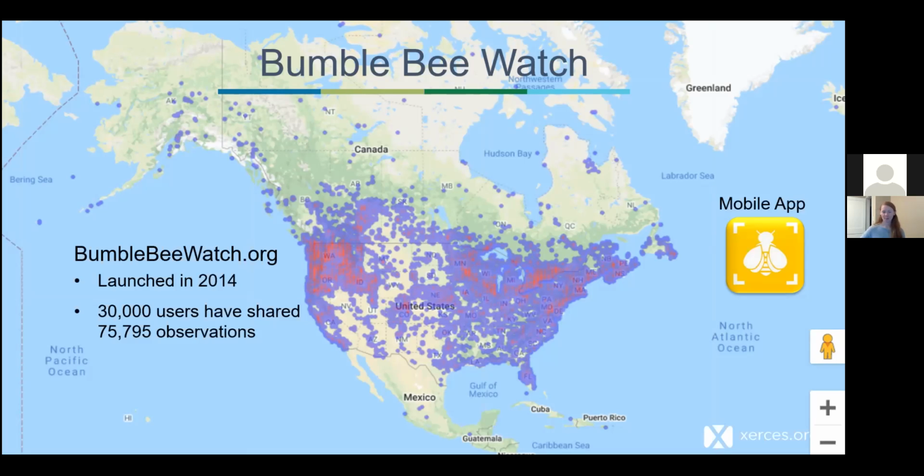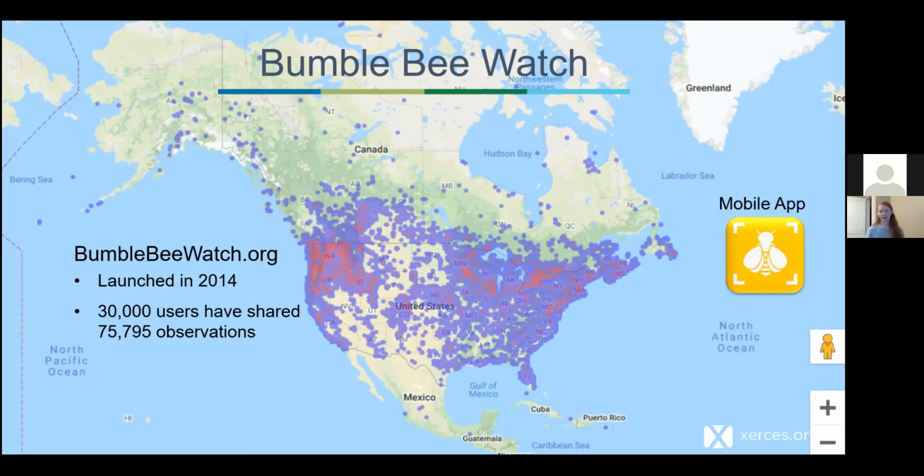But I think the really important thing here that I want to highlight is there's a large database called Bumblebees of North America, right? It's basically the mothership of where bumblebee records are stored. And it goes back to the 1800s. It's got museum specimens, it's got research specimens. Pretty much any known bumblebee record is in this database.